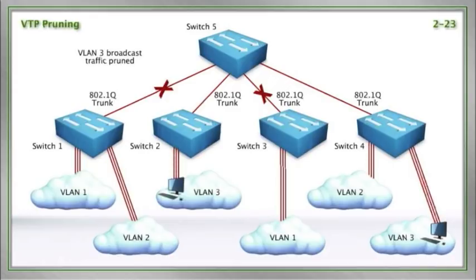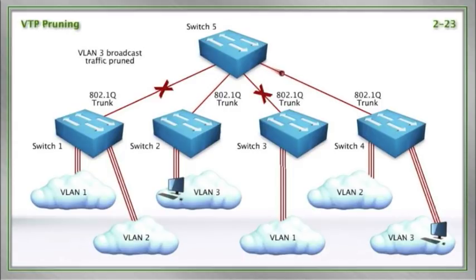VTP pruning, like we're pruning the leaves off of a flower, will dynamically stop the VLAN traffic from going down those other trunk links unnecessarily. Isn't that cool? It's a protocol built into VTP that really adds to the efficiency of our network communications. We don't need to send broadcasts down those other trunk links, and dynamically, they will be pruned off.